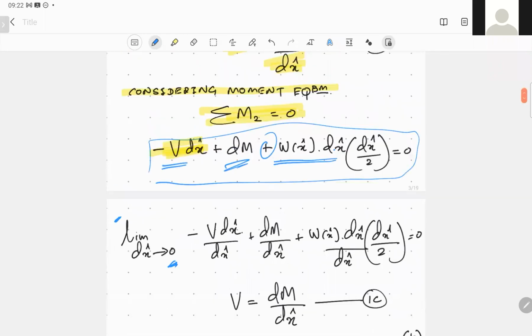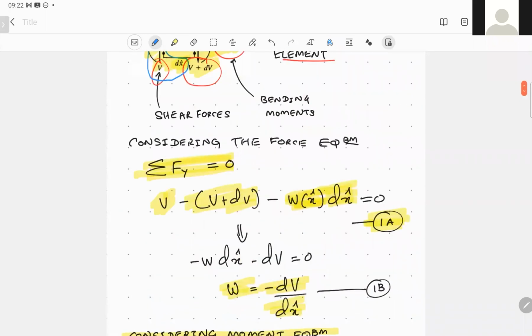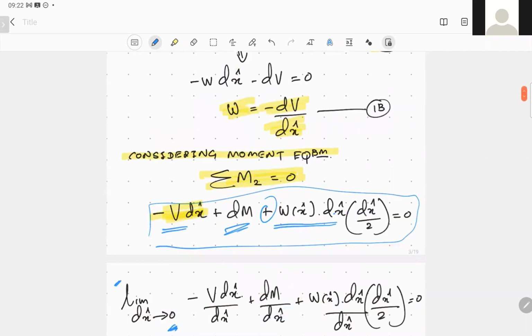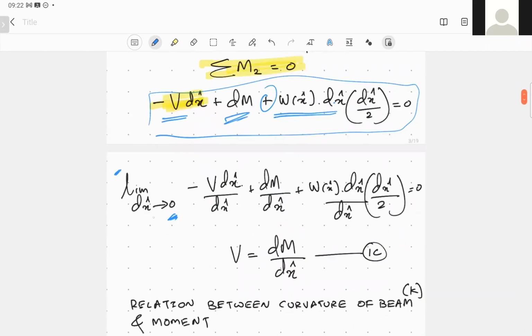Why? Because we are considering a small element, and we want the length of the element to be as small as possible, so we analyze the limit where dx hat tends to go to 0.